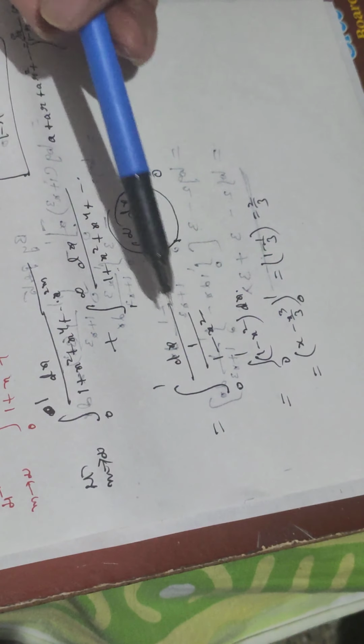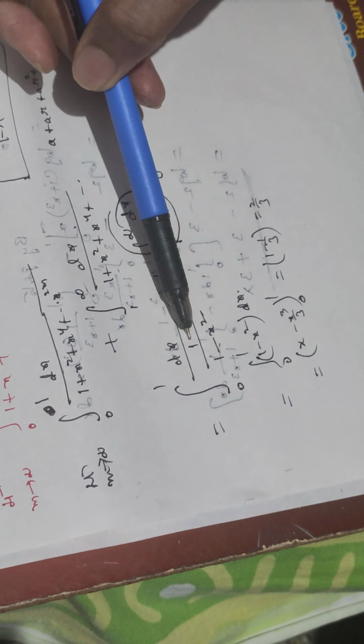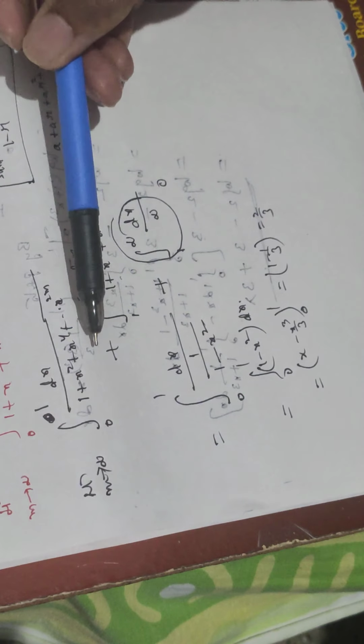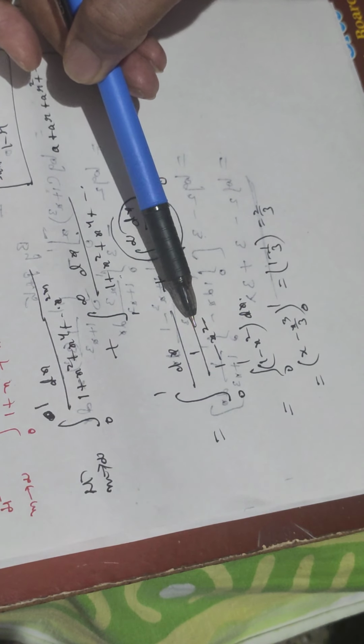Then what is a plus b? Here, a by 1 minus r, where r value is x square. Take in numerator 1 minus x square, x minus x cube by 3, 0 to 1, 1 minus 1 by 3. That's why 2 by 3. Therefore, a plus b equals 2 plus 3, that is 5.